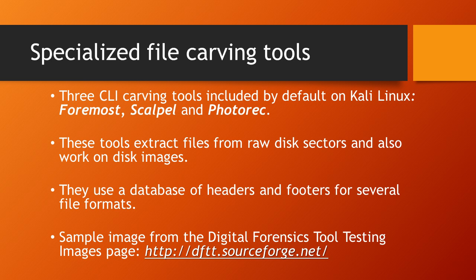To show these free tools in action, we use a sample image of a FAT32 file system expressly created for a file carving exercise, and that we can download on the Digital Forensics Tool Testing Images page.